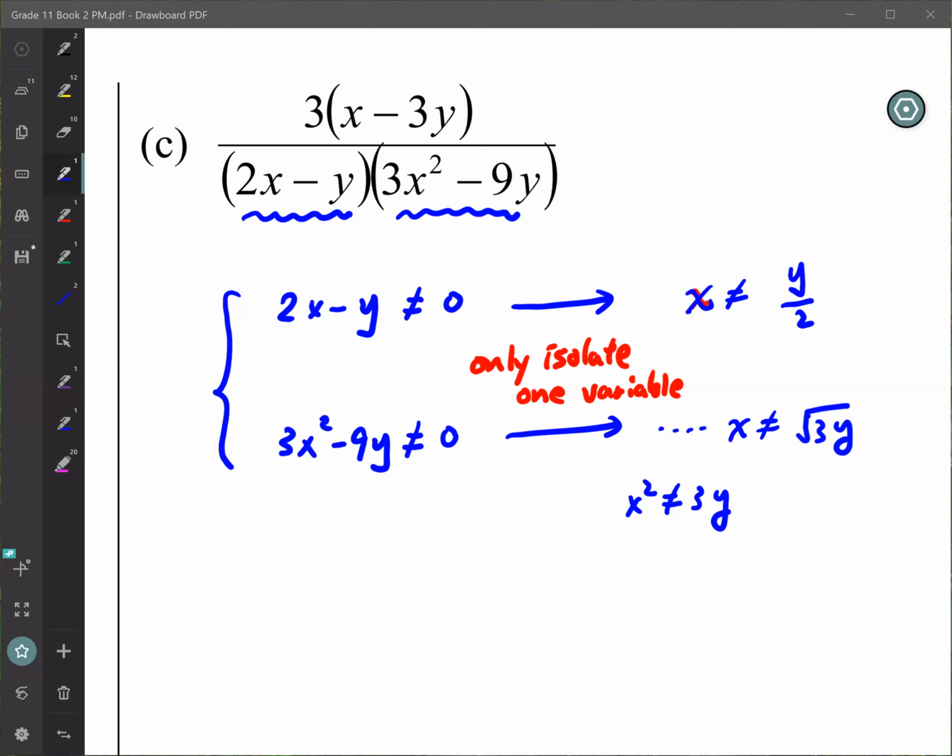Are we forgetting something? We've learned about quadratic equations, right? Think about completing the square. Think about isolating variables. I'm trying to give you a hint. What are we forgetting? How do we isolate variables? Anybody? What are we missing here?